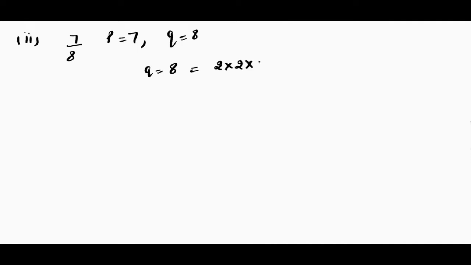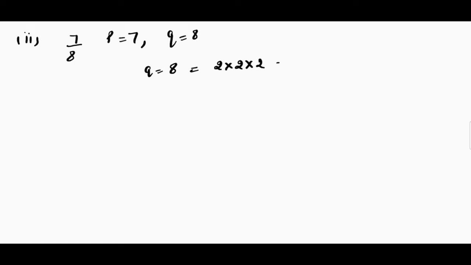Second number we have 7 divided by 8. So here see, P is 7 and Q is equal to 8 and their common factor is 1. So first condition is satisfied, and second condition we have to check whether we are able to write this Q, means 8, as 2 raised to power m into 5 raised to power n. So let's see, we know the factors of 8 are 2 into 2 into 2.